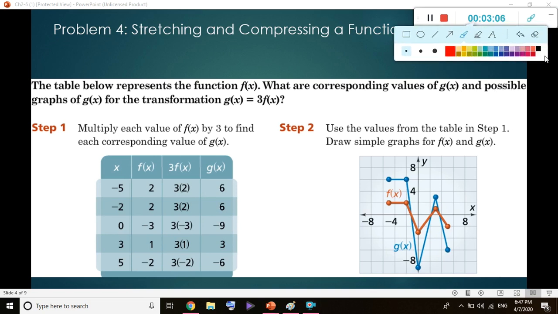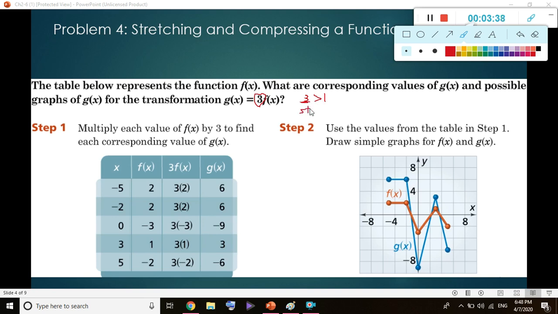From f of x, g equals 3f of x. So we have a factor, a number that's multiplied by the y values: 3. Is 3 greater than 1 or between 0 and 1? It's greater than 1, right? So because 3 is greater than 1, we're going to have a vertical stretch.